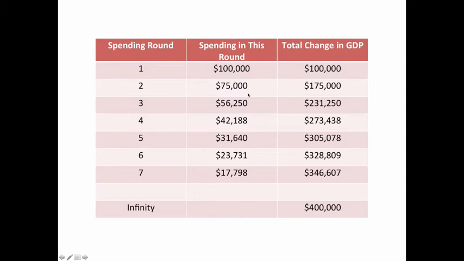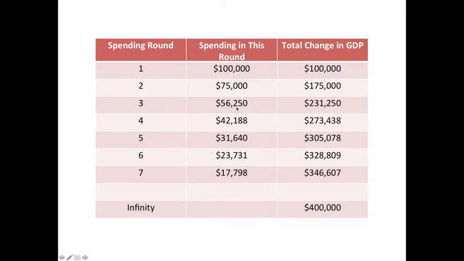But at just that second spending round, that $75,000 creates an increase of $75,000 in income, which in turn will lead to more spending. 75% of that takes us to round 3, an additional $56,250 in spending.